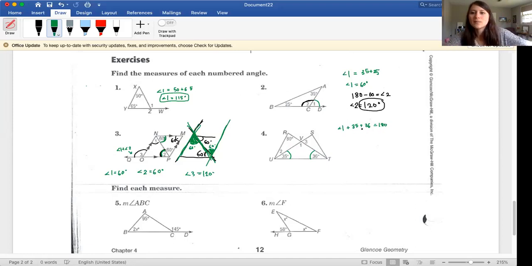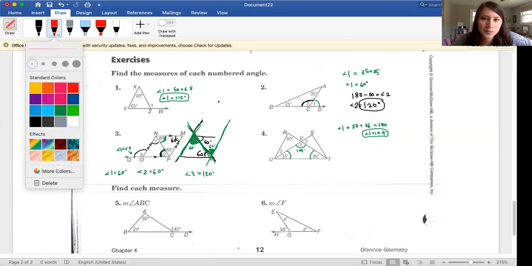And so 180 minus 35 minus 36, what would that be? 109. So angle 1 is 109 degrees. Now, if this is 109 degrees, let's take a look at if we know anything else that can help us. So let me use red here maybe.